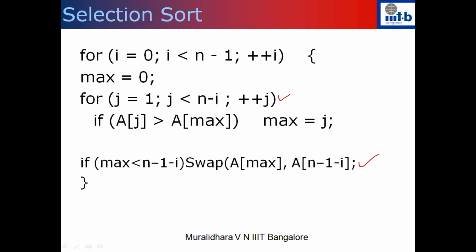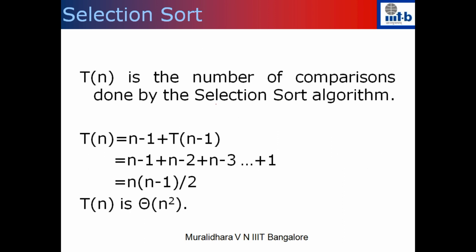Okay. As seen, the correctness of the algorithm follows from the correctness of the bubble sort algorithm, because in each iteration, among all the numbers that we are considering, we push the largest number to the end. So let's come back to the number of comparisons done by this algorithm.